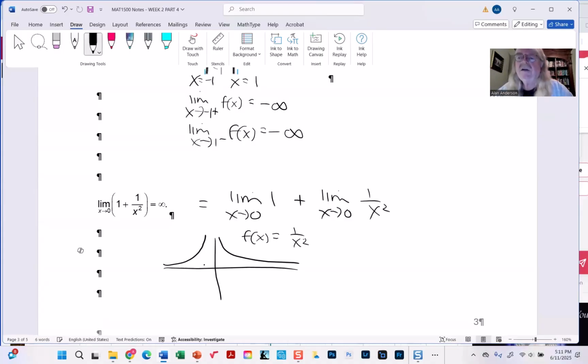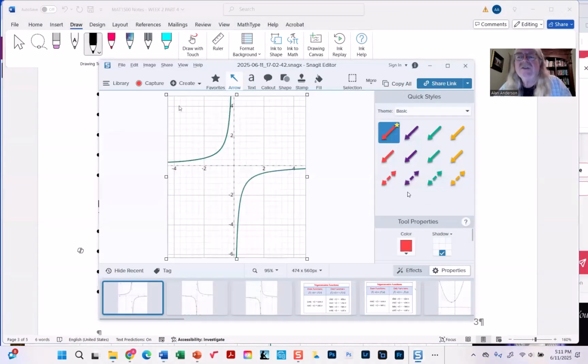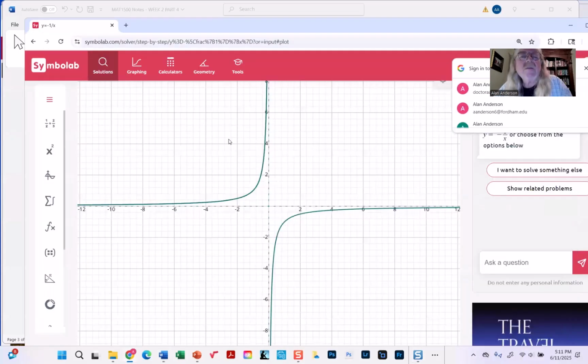You can see it has a vertical asymptote at 0. Not that that's the best drawing in the world. Actually, let's go to Symbolab and let it do a proper job of that.